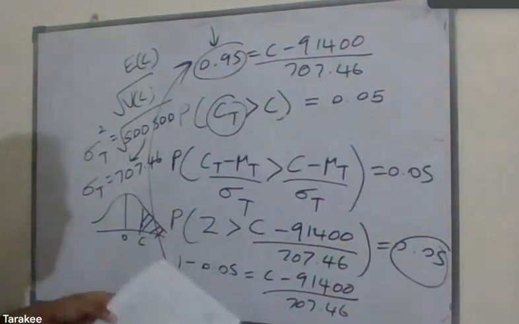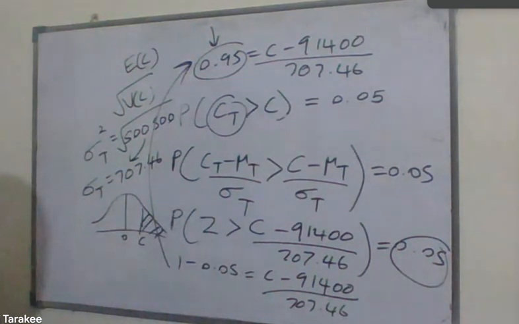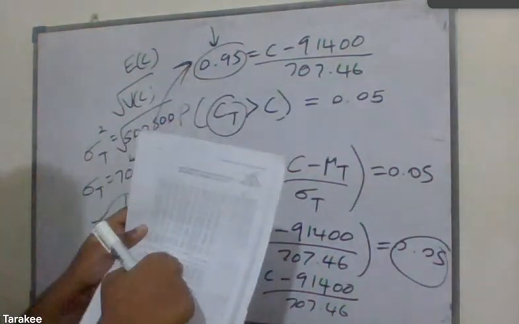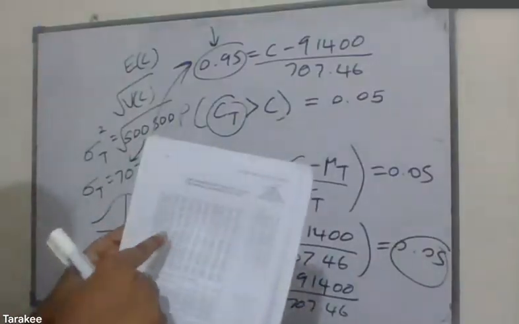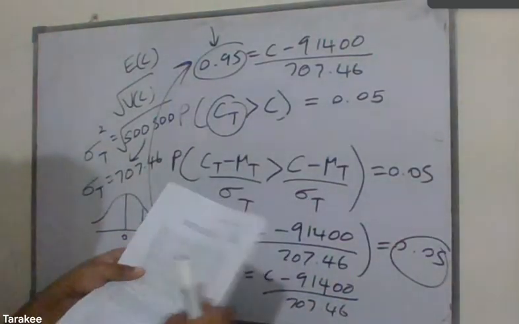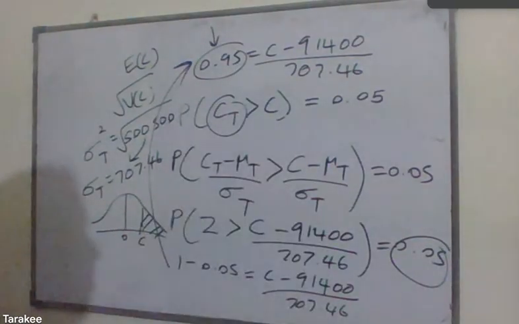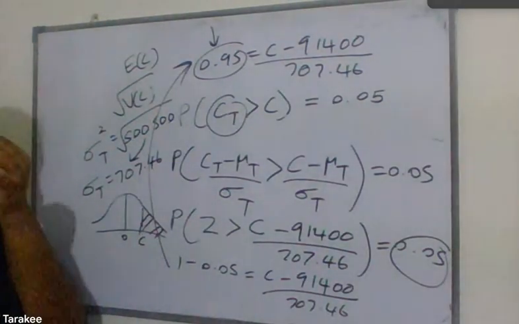It's like an anti-log. If you know logarithm and anti-log, you look for the given value inside this table. So 0.95 you have to find from the table, not from the headers but from the values inside. When you find that value, it should be 1.65.